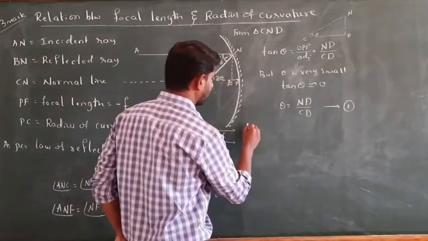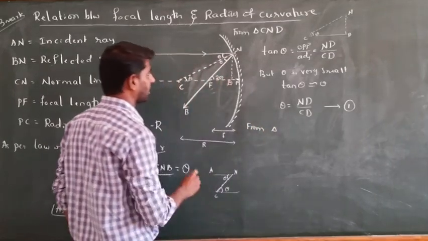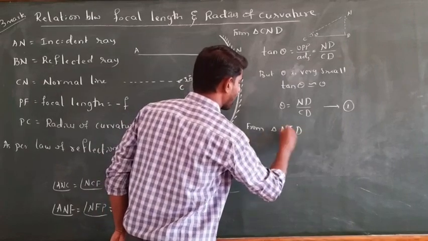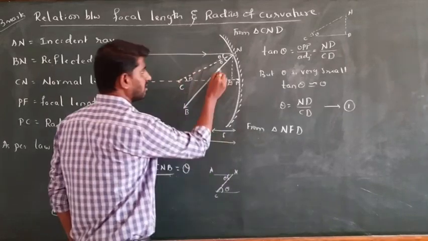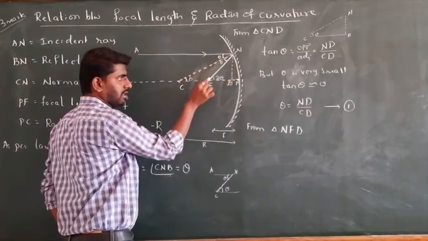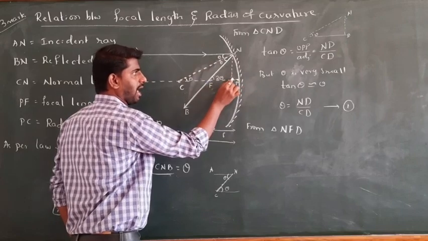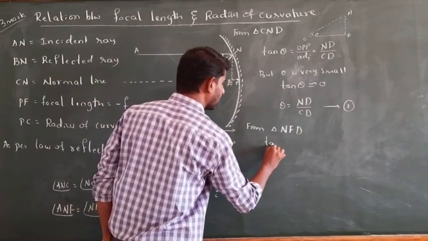Okay, the next point. Similarly, we can take one more right angle triangle. From the right angle triangle NFD, and here it is 2 theta. Again, I want to write the tan equation here.